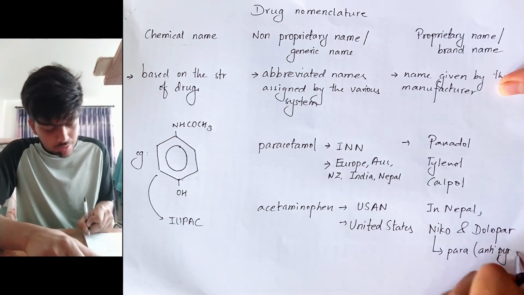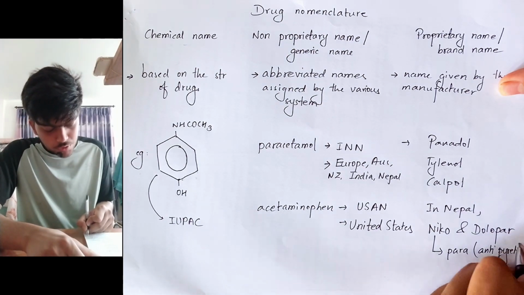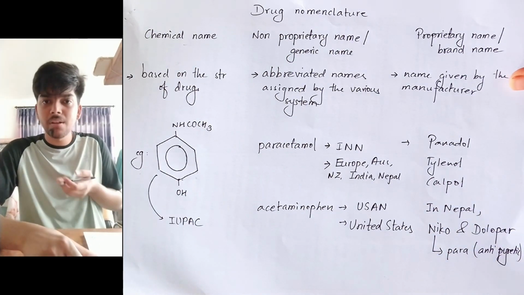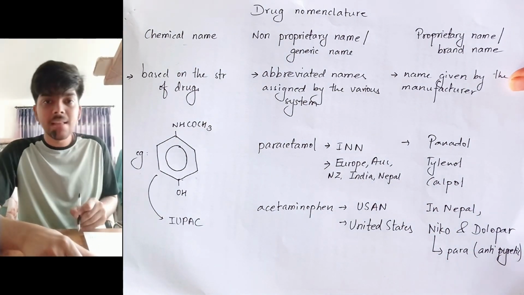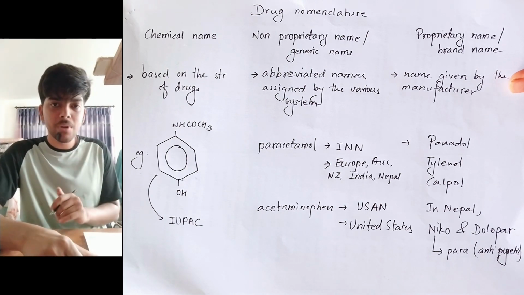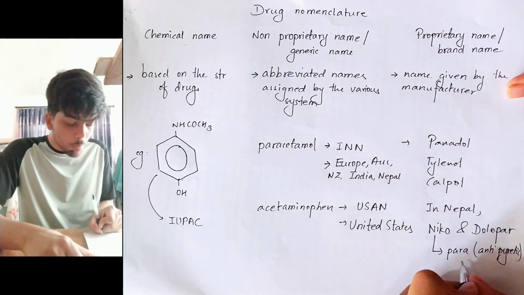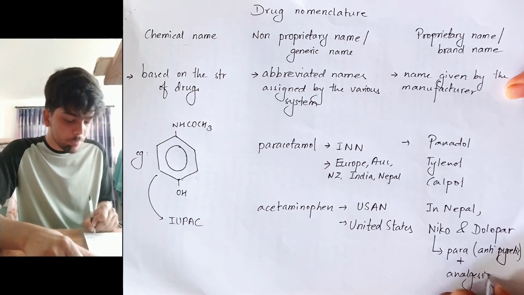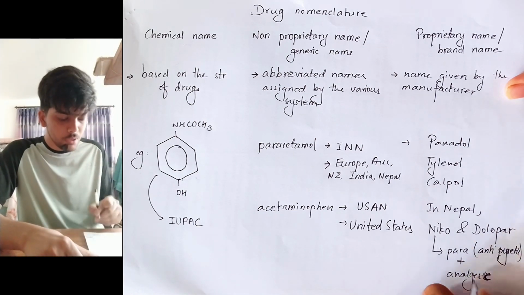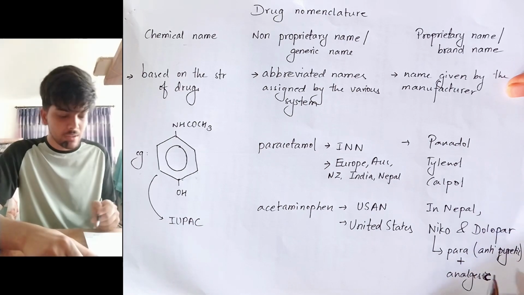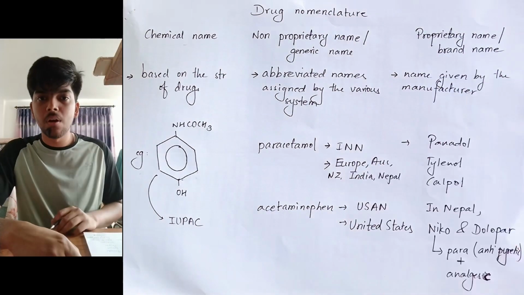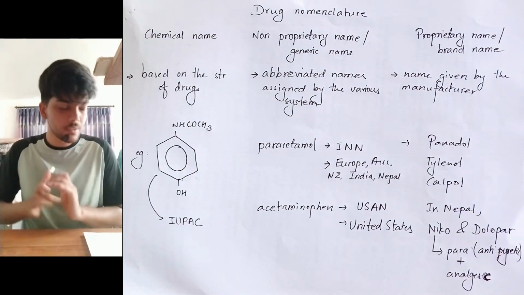Anti means against, and pyretic refers to pyrogen that elevates the temperature of the body. So it's against temperature; it mitigates fever, plus an analgesic or painkiller. So the mixture of two is used as a tablet and manufactured by various companies in Nepal, especially Nico and Dolopar, which are the brand names of these two drugs mixed together.